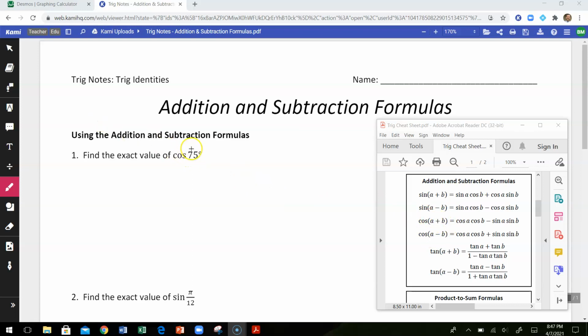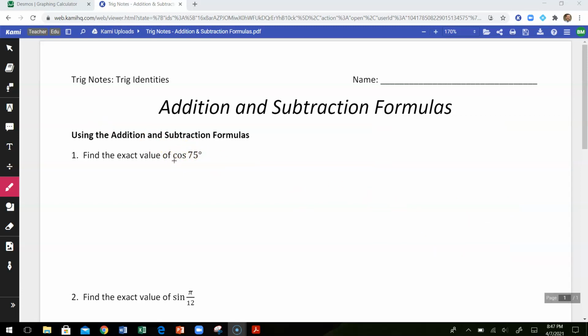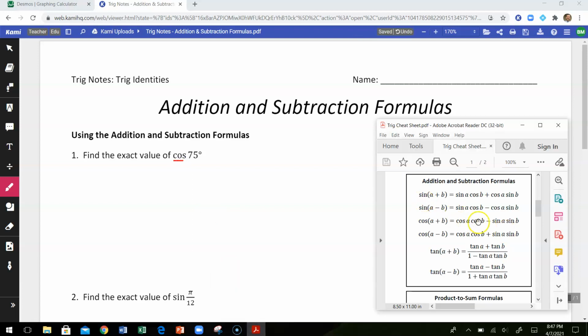So if we think about 75 degrees, we know we're doing cosine here, right? So we've got cosine, and we want to say, okay, well, 75 degrees, can we write that as a sum or a difference of 2 unit circle angles that we do know? And I think the easy thing here is to think about 30 plus 45, right?